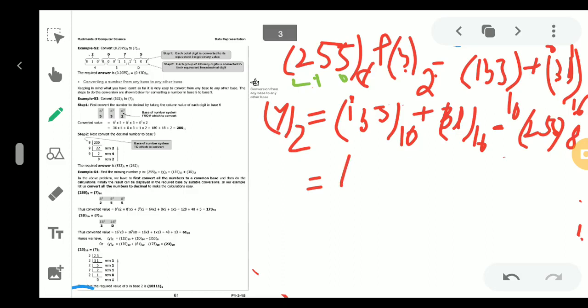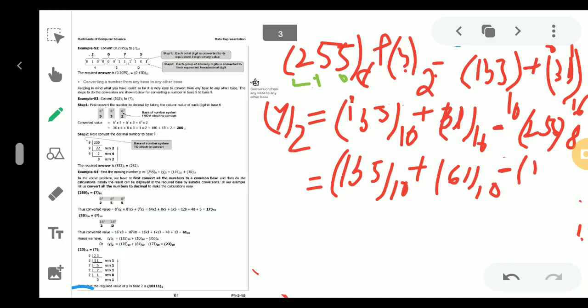So we will let it be 135 base 10, and 3d base 16 we have converted. What is the value of 3d base 16? That is 61 base 10, minus 255 base 8, whose equivalent value is 173. All are base 10. Now we can do the addition and subtraction as well.